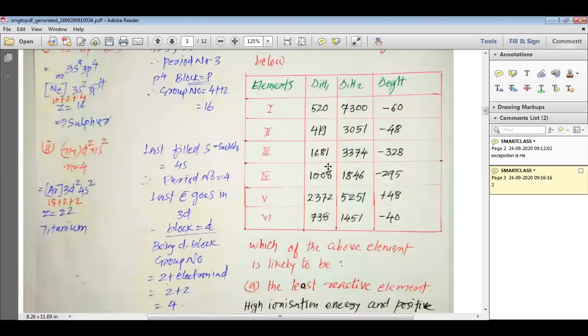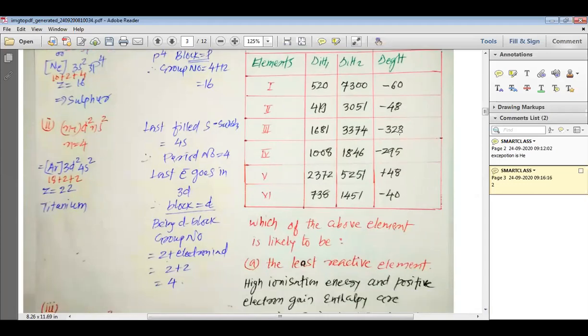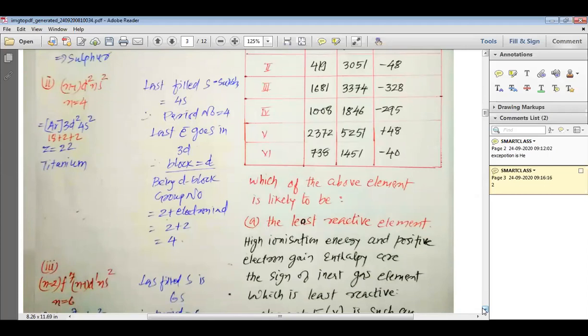But here, the values are quite high, like 1681 and 3374. It's the second highest, you can say. They are lower than the fifth element, but still they are high, but their electron gain enthalpy is very much negative, and that is why it is the most reactive non-metal.